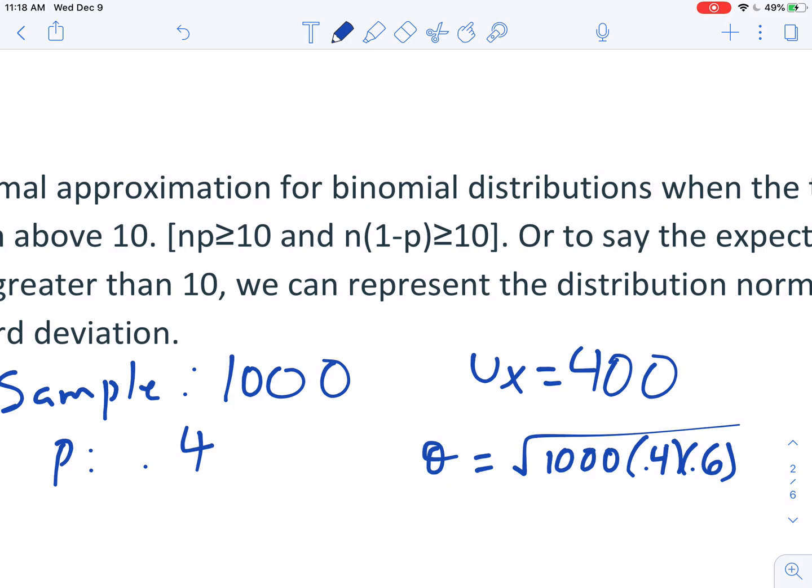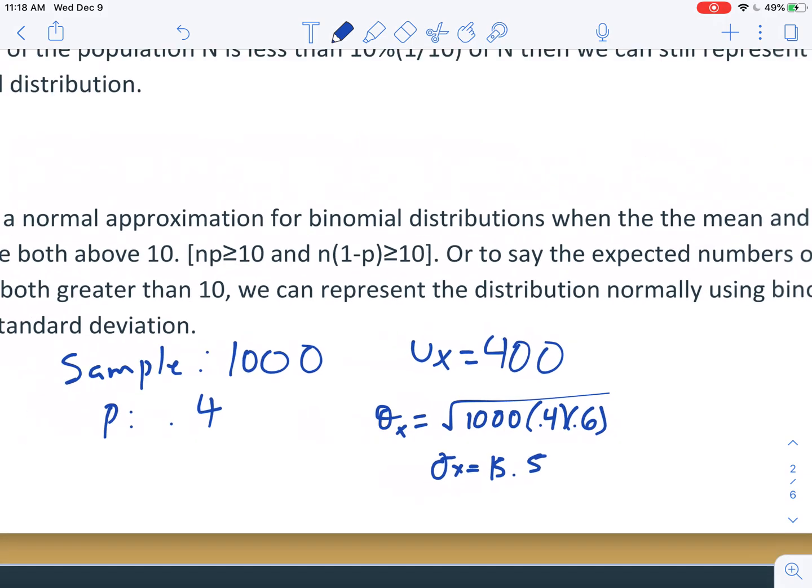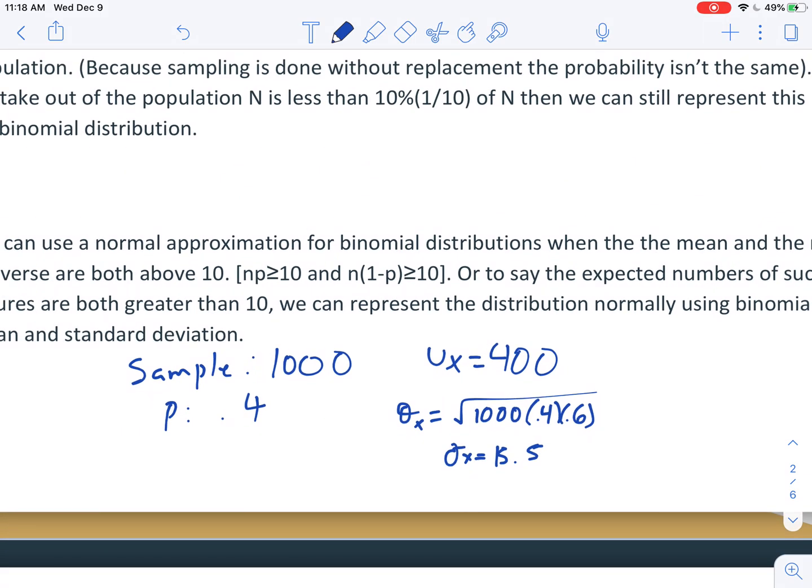Just doing the calculations here. Your standard deviation here is 15.5. Okay, cool.